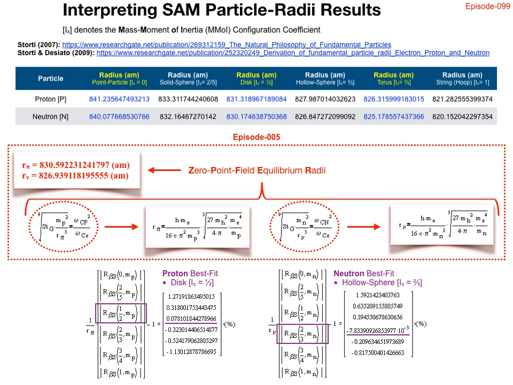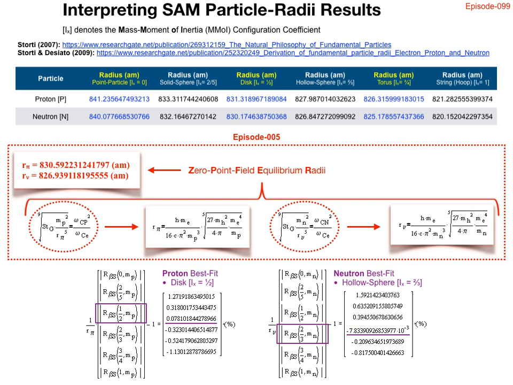At the bottom of the screen, we compare our spin angular momentum solution to the benchmark zero-point field equilibrium radii solutions appearing mid-screen. Our results show that the dissimilarity between the tabulated information and the experimentally verified benchmarks are minimized as indicated by the purple emphasis.